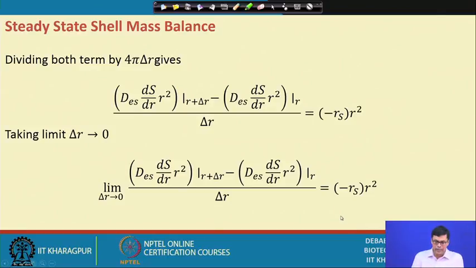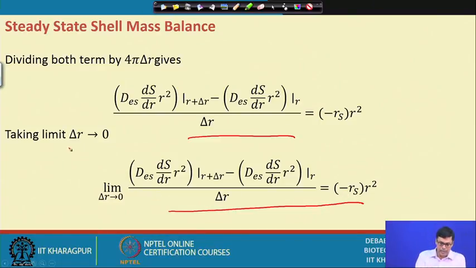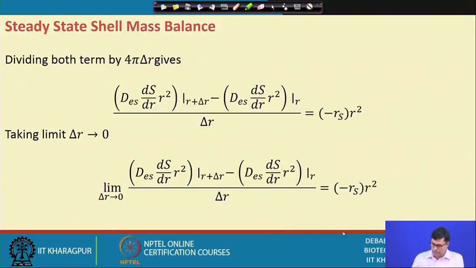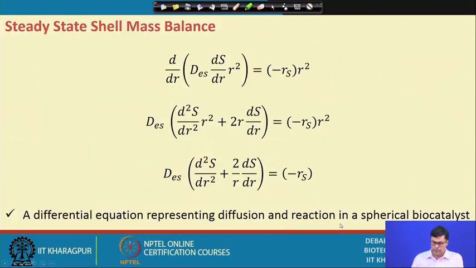Now, if you divide by 4 pi del r, we get this equation. So we will come across this equation, and then from this we can find the next equation. When del r tends to 0, then we can put a limit and find this equation. Now, finally, we come across the steady state cell mass balance like this.